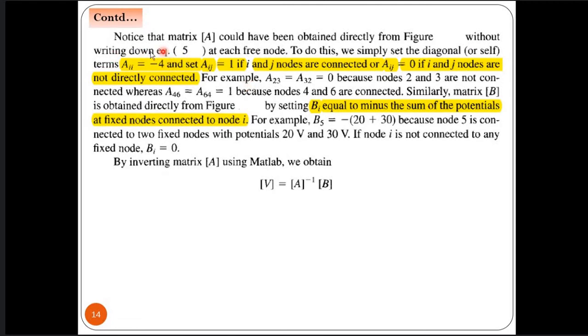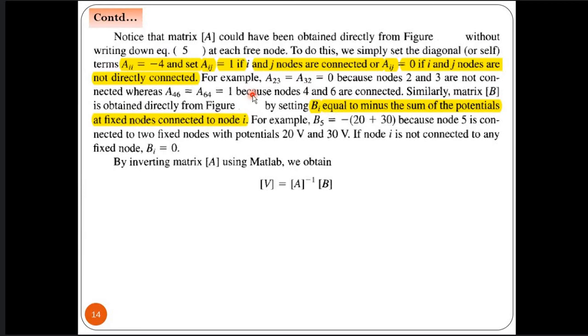If you consider the elements of the corresponding sparse matrix A, you will see that A of ii, that means for the same element, it will be -4. Now A of ij will be 1 if the corresponding ith and jth nodes are connected. Otherwise, it will be 0. Clear? A of ij will be 1 if i and j are connected. If they are not connected, it will be 0.